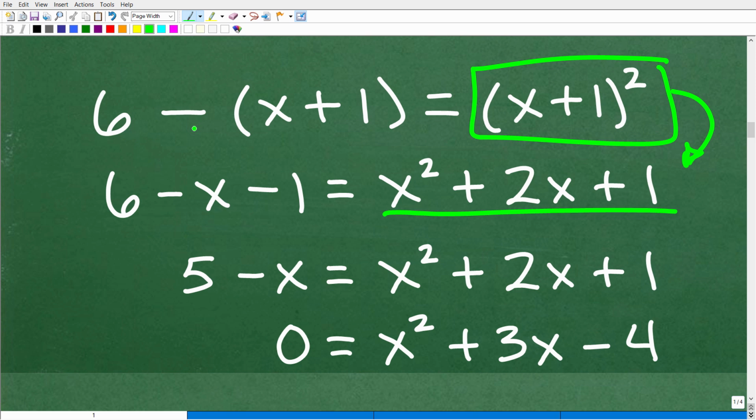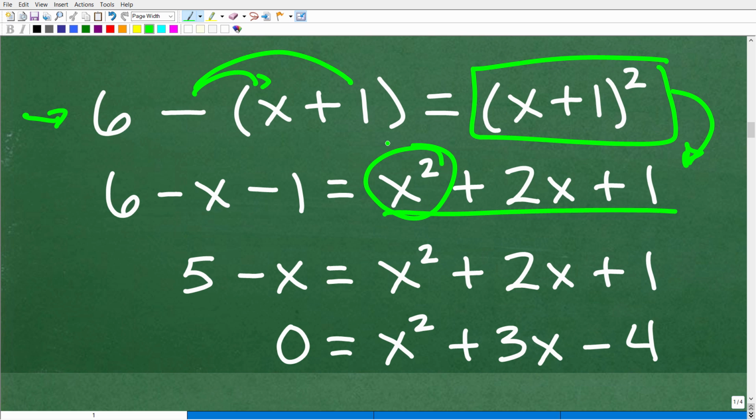Okay, so 6 minus (x + 1). Now we have to distribute this -1, so that's going to be negative x, and that's going to be a -1. This part right here gets a lot of students in trouble. At this point, what are we dealing with? I have an x² situation, so now I have a quadratic equation.